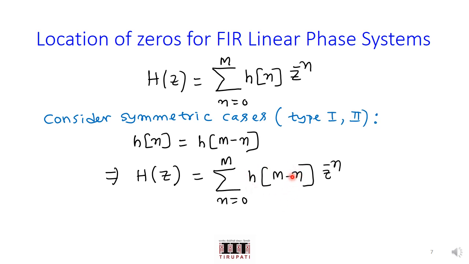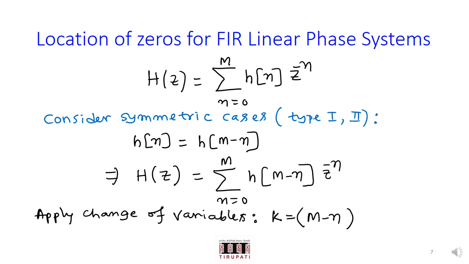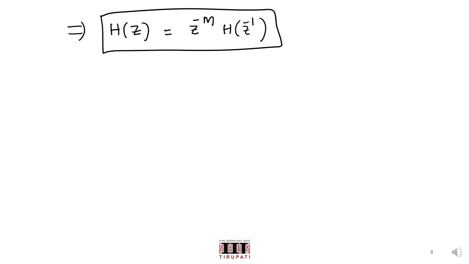So you pause the video here, work it out, and then cross check your answer with the answer that we are going to now discuss. You do the change of variable and this is what you end up with: H of z equal to z power minus m into H of z inverse.